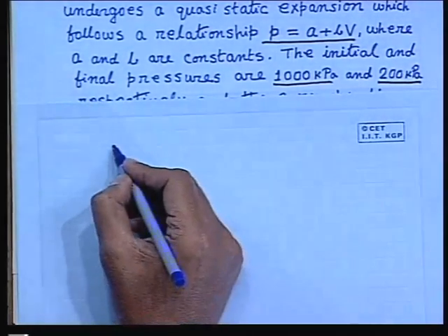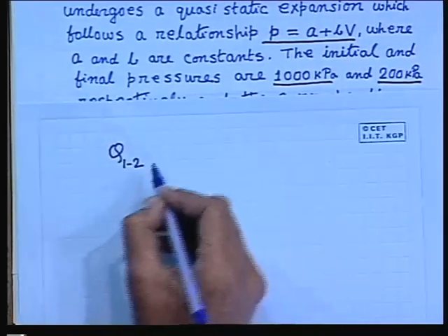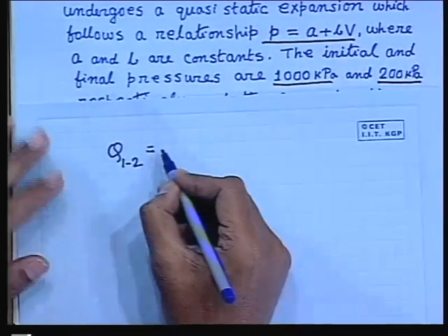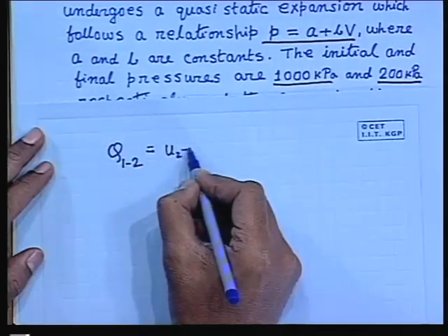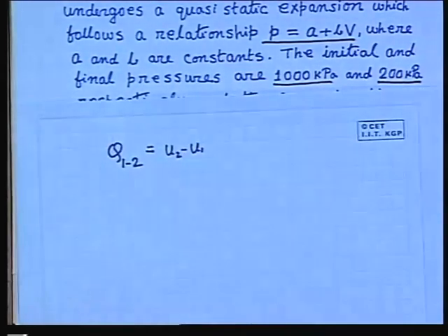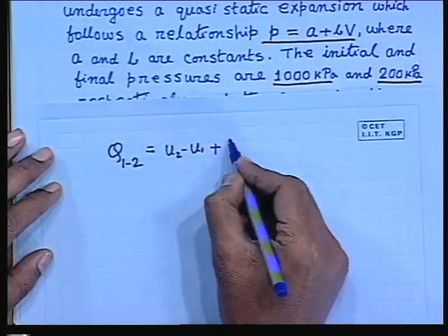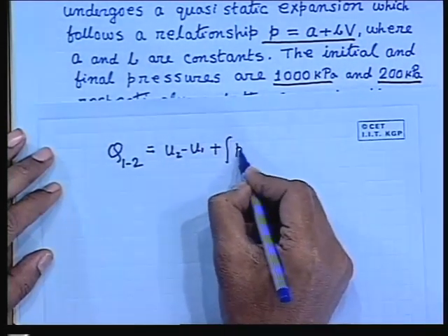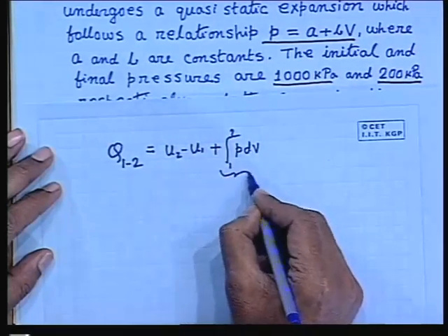What to write? Q12, let 1 and 2 be the initial and final state points, is equal to U2 minus U1 plus the integral of P dV, that is the work transfer W12.